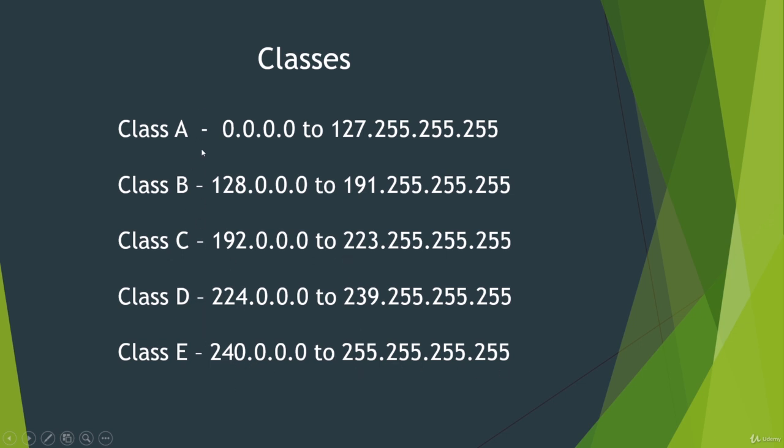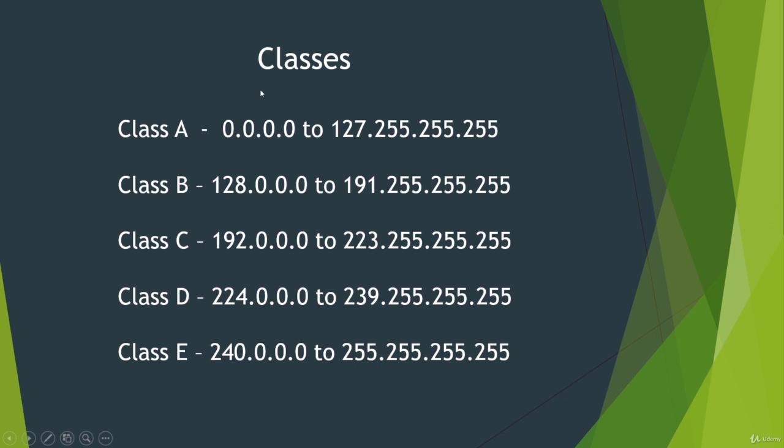So these are the 5 classes for IP version 4 addresses, and class C is given to homes or small organizations. You can see the number of addresses in it is very small compared to class A and class B. That's why class C addresses are given to homes, and class A IP addresses are very large.